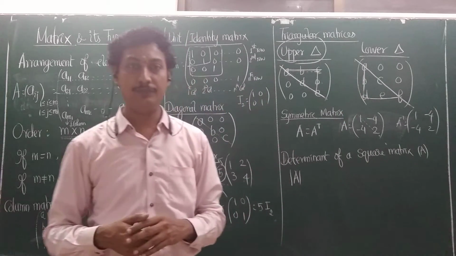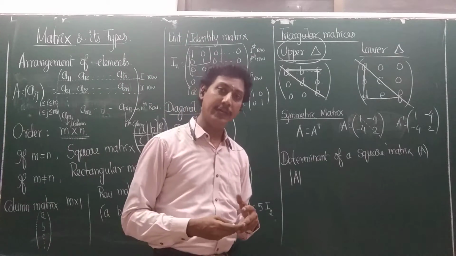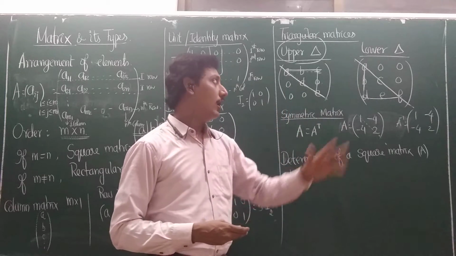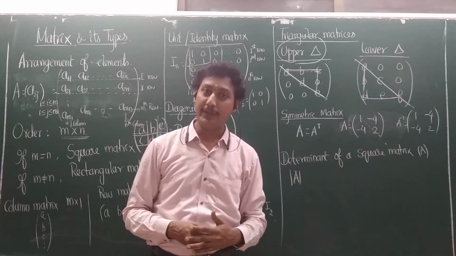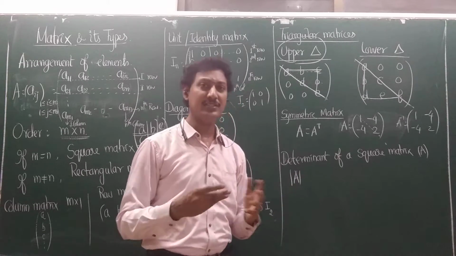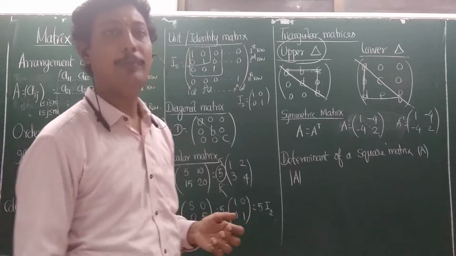Got it? Upper triangular matrices can be obtained by using row operations, and lower triangular matrices by using column operations. Let us discuss the column and row operations in a separate video.